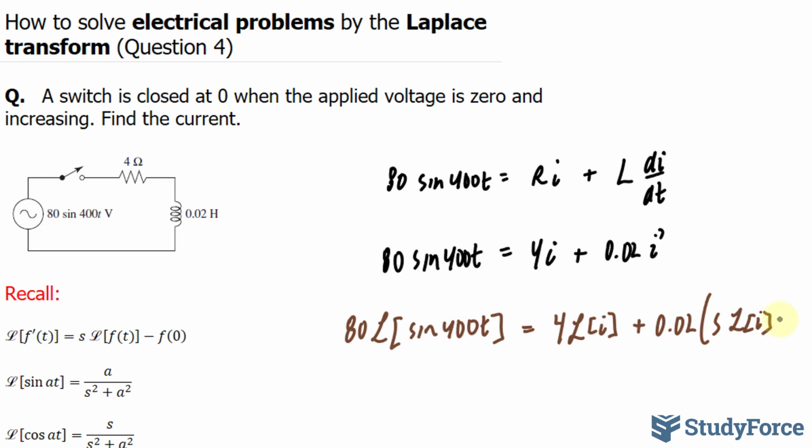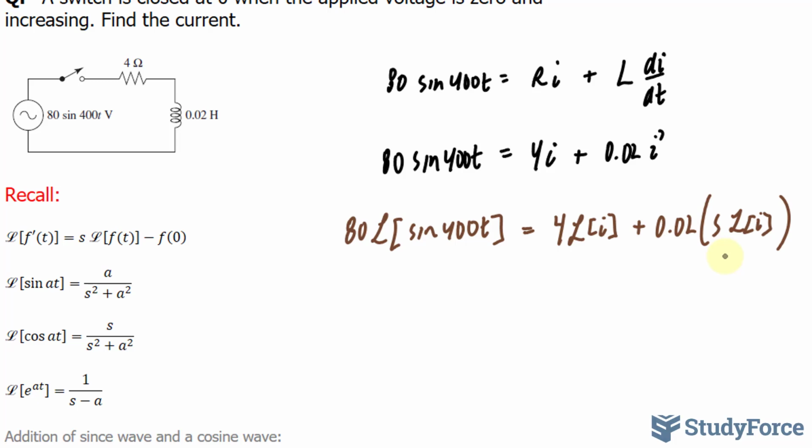So I won't write down anything beside this term. Now I'll isolate for the Laplace transform of I, and I need to find out what this is equal to at the same time. Shown here, we have the Laplace transform of sine at is equal to this frequency function. Our a value here is 400, so I'll have 80 times 400 over s squared plus 400 squared.